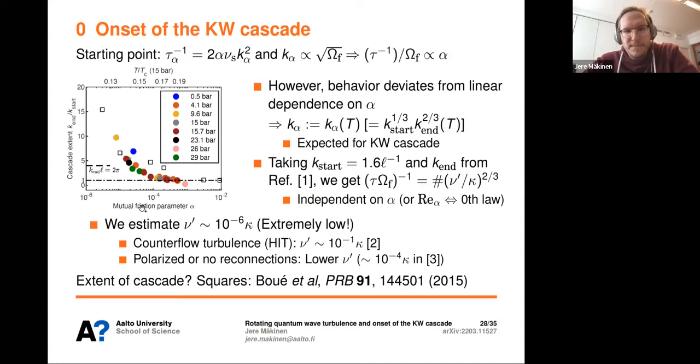If you compare the values extracted from our experimental data with numerical simulations from this paper, you find that they are reasonably similar as a function of alpha. You also note that the Kelvin-wave cascade, even at the lowest temperatures, only extends about an order of magnitude in the wave vector space. So this is sort of a measure of the onset of the Kelvin-wave cascade.